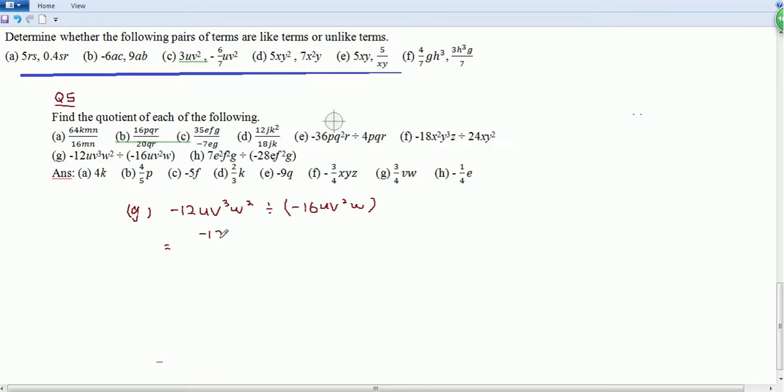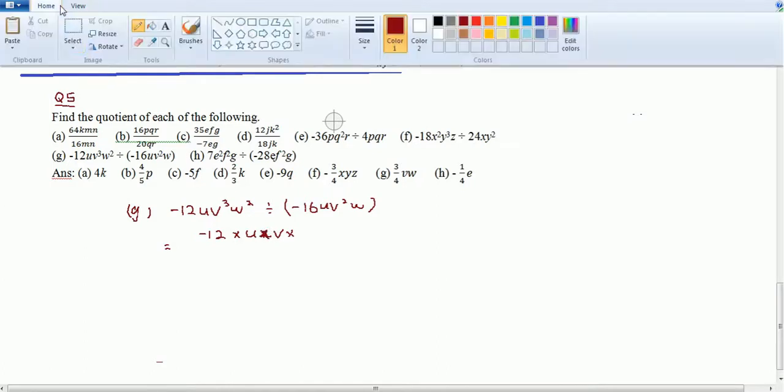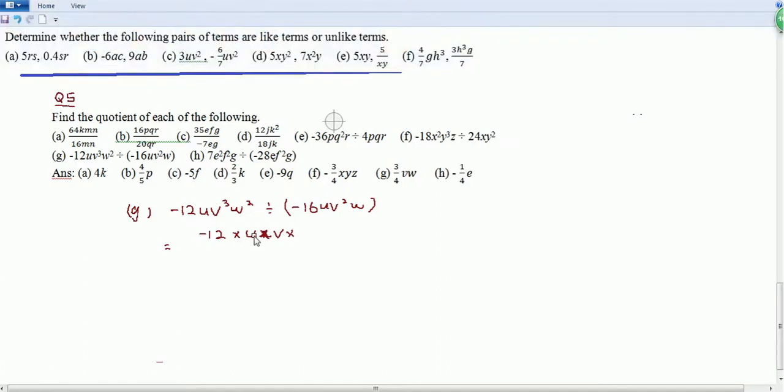So negative 12 multiplied by u, v cubed, this is multiplied, and then we have w squared here.